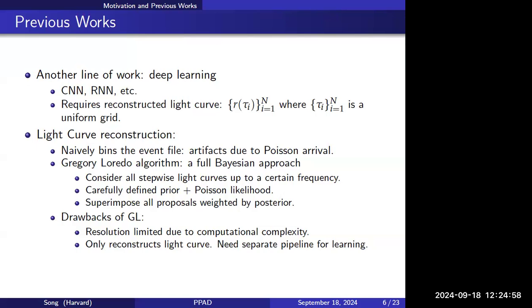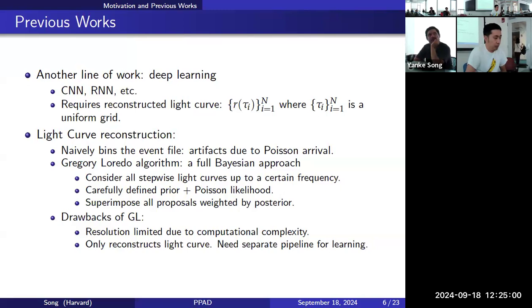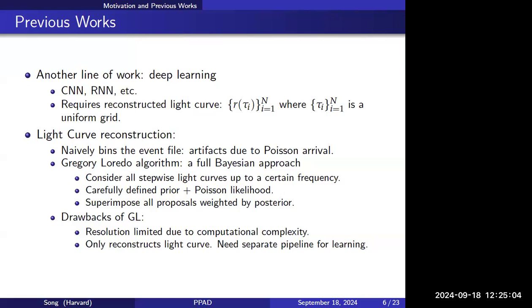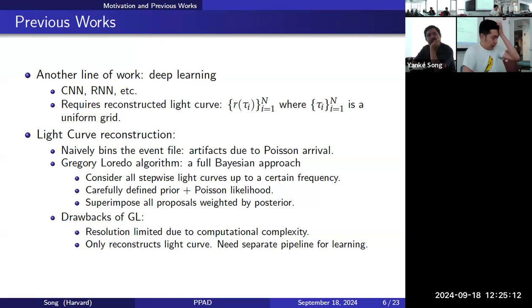Thanks. Can I ask just quickly, computational complexity? What do you mean? Is n squared too complex? I forget what Gregory-Loredo is, but I don't have that in hand right now. I need to check it out, but I think it's definitely not linear.